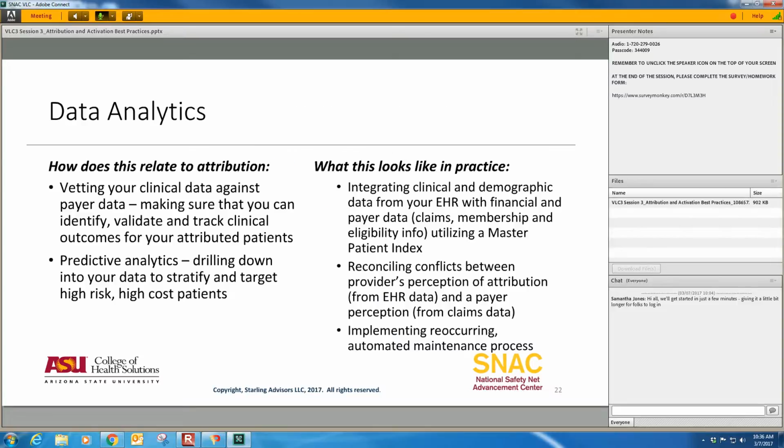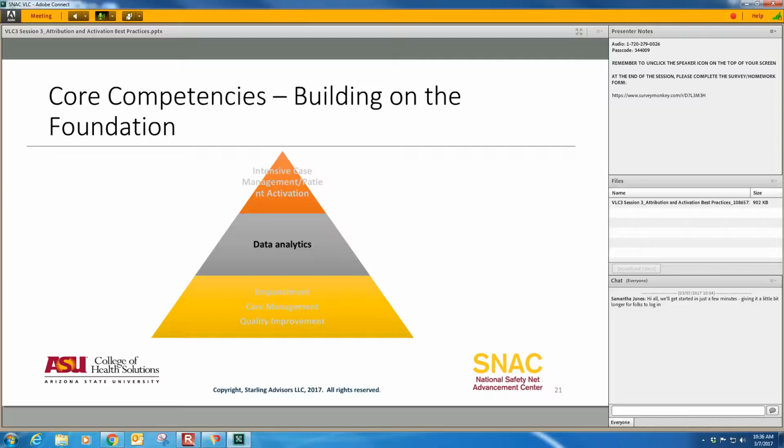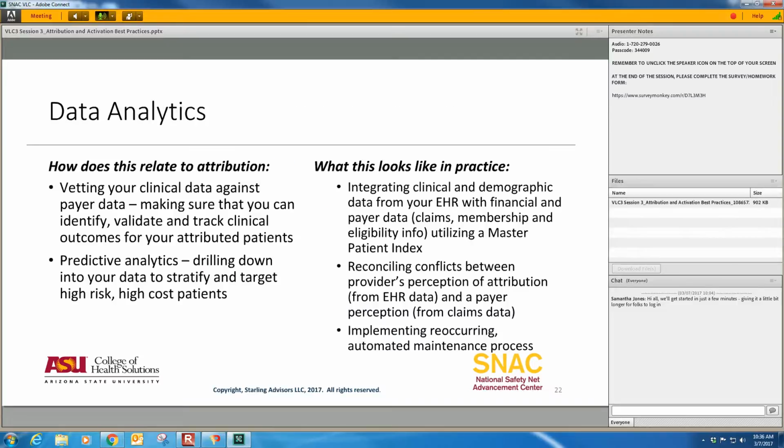Okay. So kind of the next level up, this core foundation after quality improvement, empowerment, and care management, is getting into how you're managing your data and what sort of reports you're pulling, and this next level of data analytics. So how does this relate to attribution?